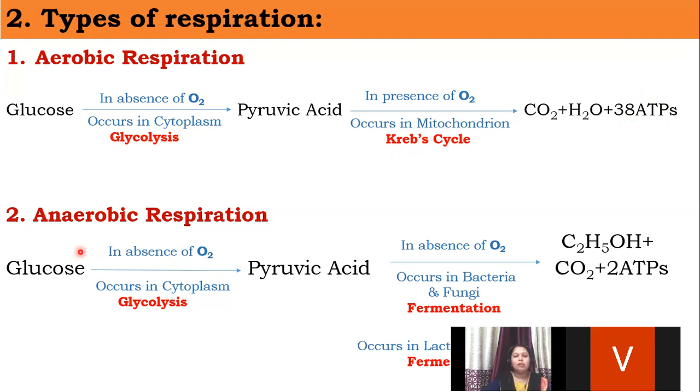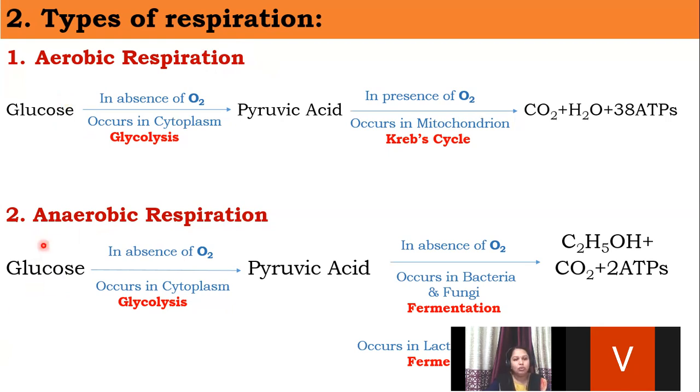Now let us talk about the anaerobic respiration. What is difference between aerobic and anaerobic respiration? The basic difference we have already seen. Aerobic respiration takes place in presence of oxygen, whereas anaerobic respiration takes place in absence of oxygen. Now, the first type of anaerobic respiration is very similar to that in aerobic respiration.